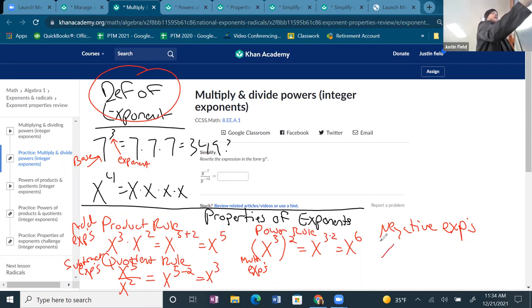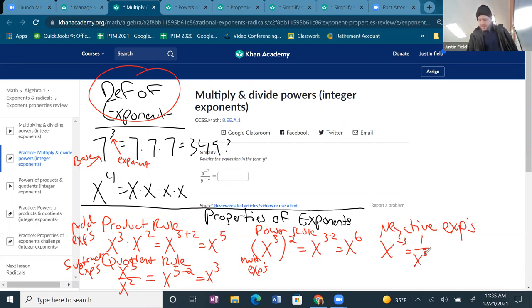If you have x to the negative third, what does that mean? Is that x to the negative x times negative x? No. That has its own definition. That is the same as 1 over x to the positive third. So a negative in an exponent tells you that we're talking about the reciprocal of something.